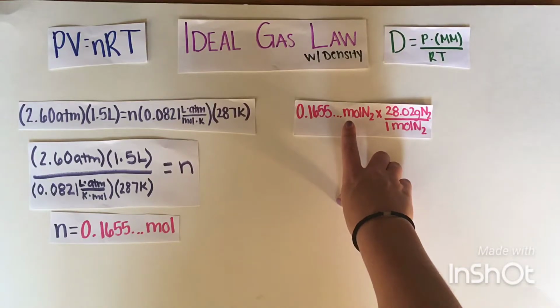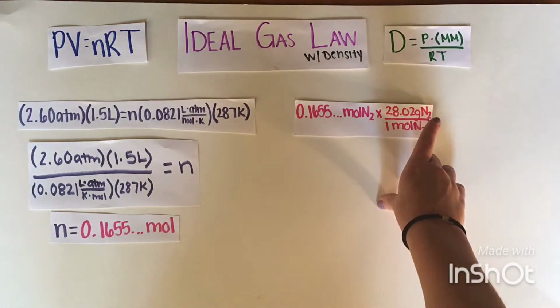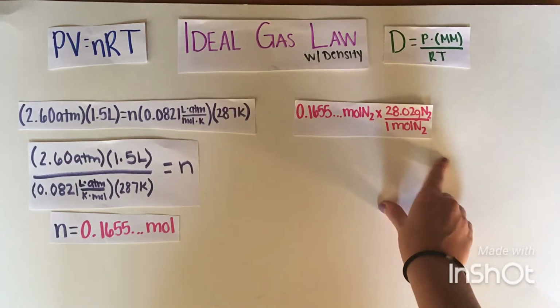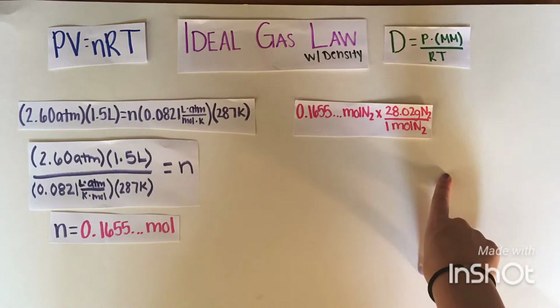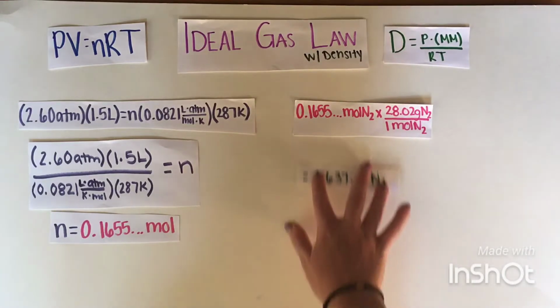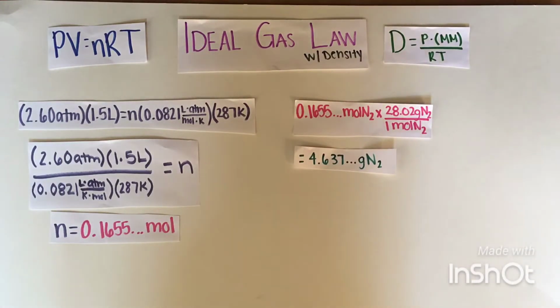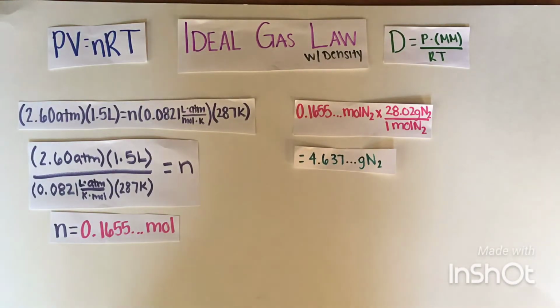You'll have the moles of nitrogen times grams of nitrogen gas over 1 mole of nitrogen, N2. So these moles here will cancel out, and then you'll multiply straight across. Now when you do that, you will have this as your answer. You'll have 4.637, leave the numbers running, grams of nitrogen gas.